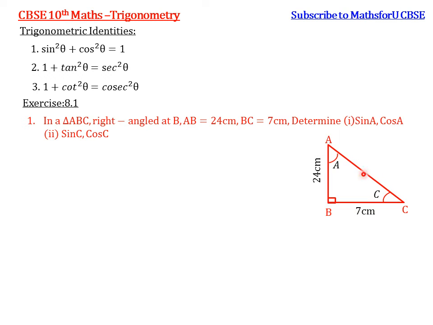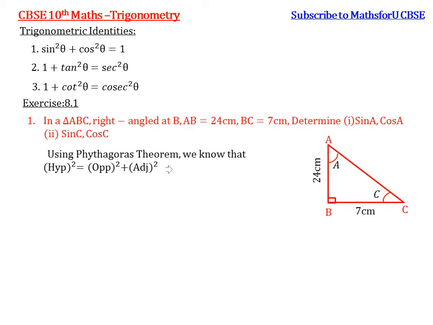So, just before we have seen Pythagoras theorem. Using the Pythagoras theorem, we can find out the unknown side. So, we know that hypotenuse square is equal to opposite square plus adjacent square. Now, here hypotenuse square is AC square.